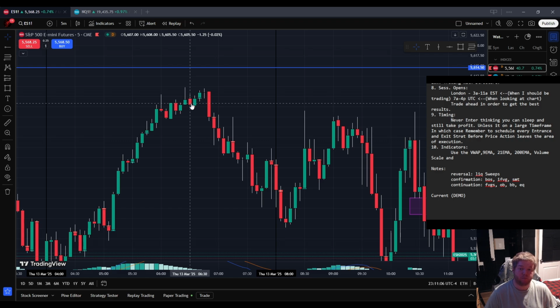There is typically a break of structure before breaker blocks. I am wrong in saying that.